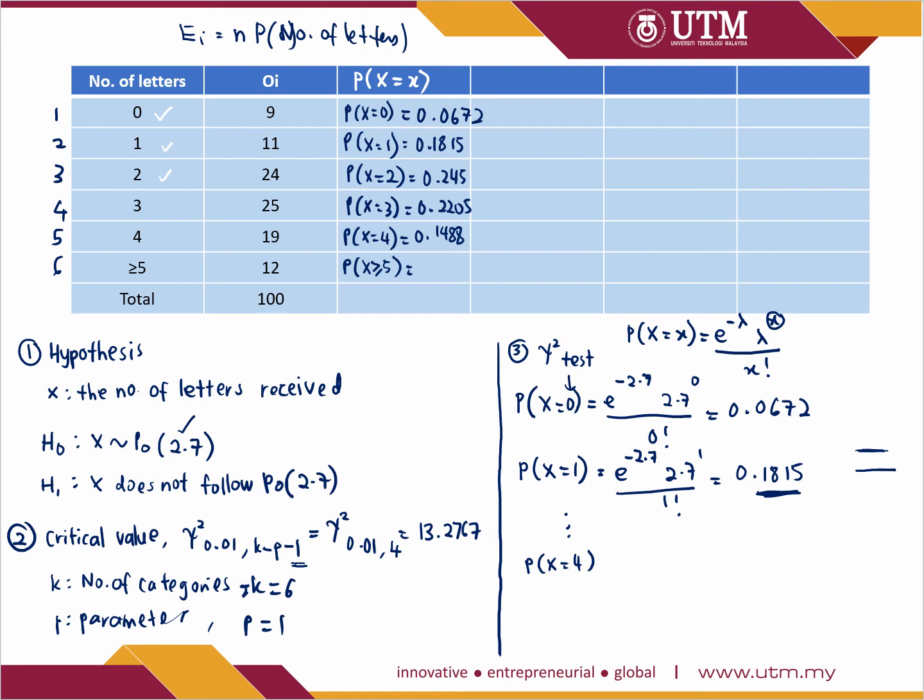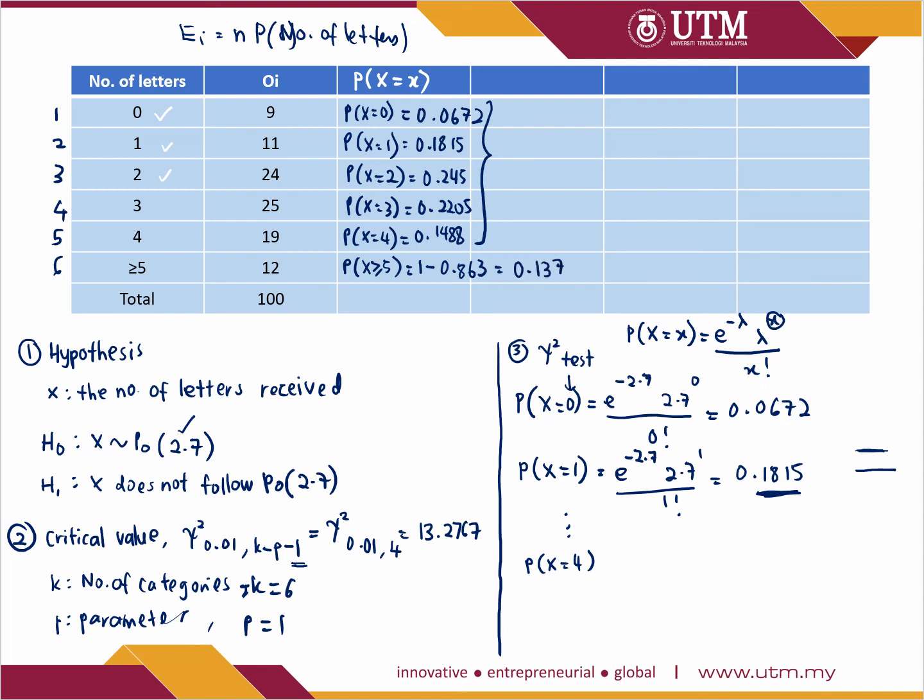We just find 1 minus the total value of x equals 0, x equals 1, x equals 2, up until x equals 4. So you will get 1 minus 0.863, which is equal to 0.137.